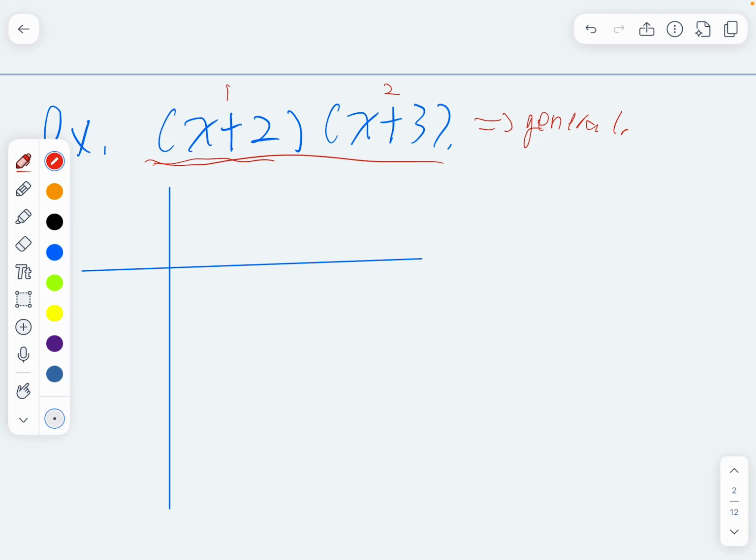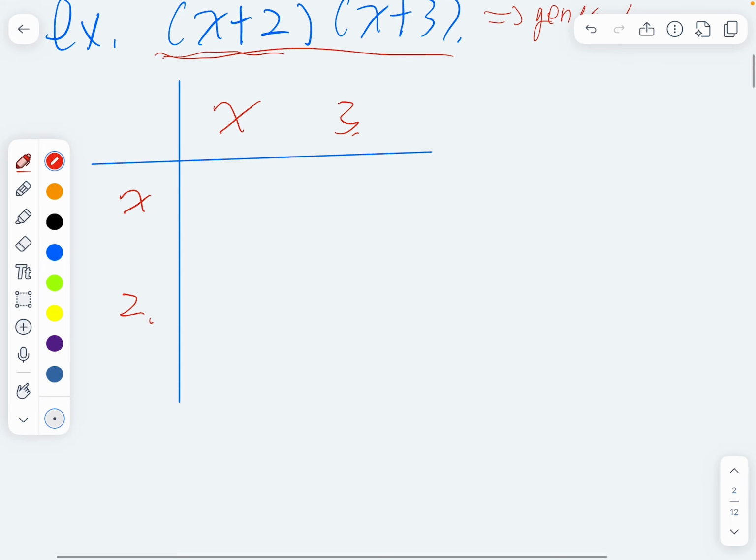So now we write the x plus 2 here as the first term, and above we write the second term, x and 3. Now step 2: we need to multiply each of them.